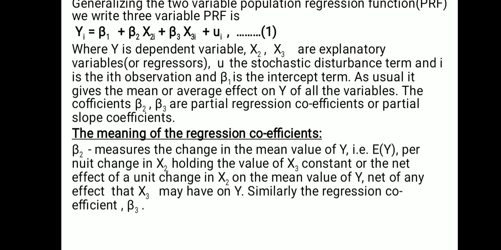What is meant by partial? Partial means y does not depend only on x2 or only on x3. Both are simultaneously influencing the dependent variable. So x2 influences partially, and x3 also influences partially, not fully. That is why we call them partial regression coefficients or partial slope coefficients.